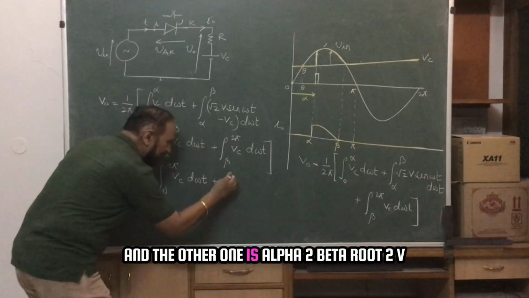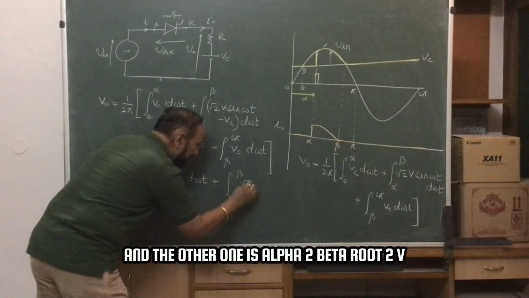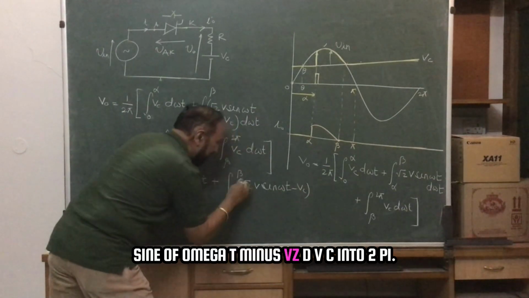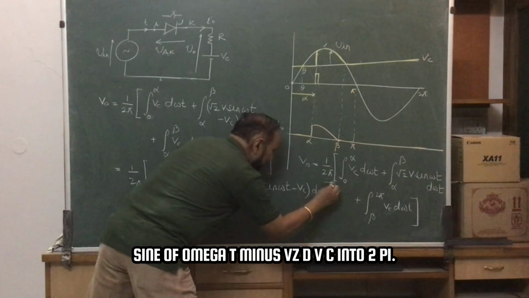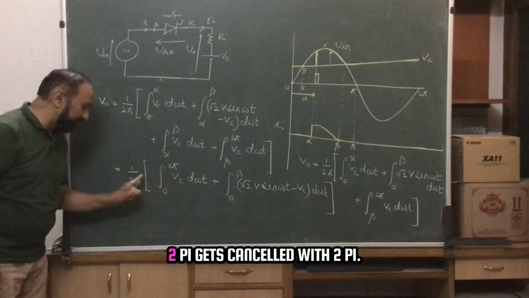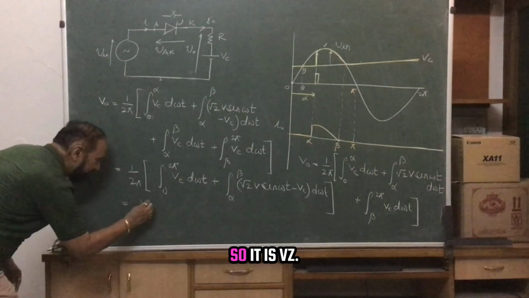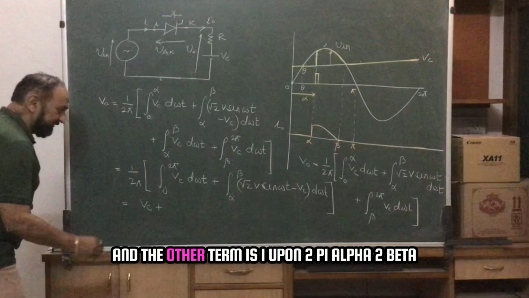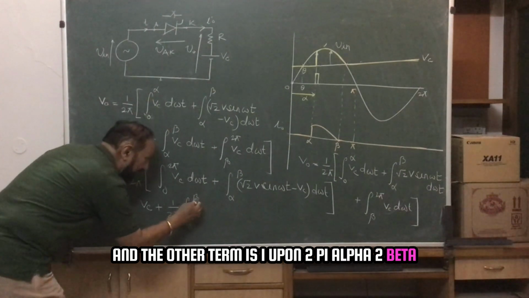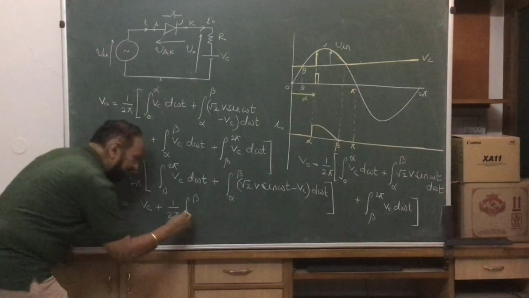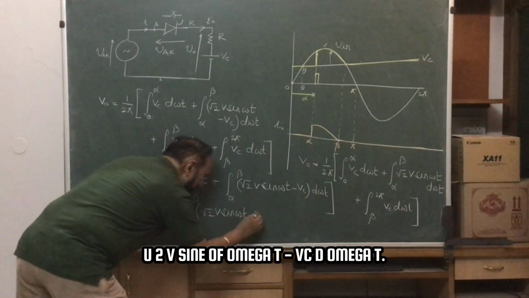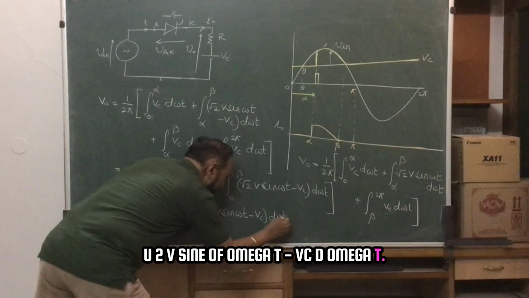And the other one is alpha to beta root 2 V sin of omega t minus Vc d omega t. Vc into 2 pi gets cancelled with 2 pi, so it is Vc, and the other term is 1 upon 2 pi alpha to beta root 2 V sin of omega t minus Vc d omega t.